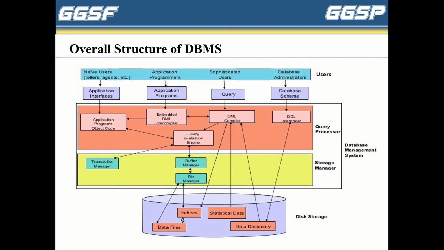And the overall structure of database management system, this question is asked for 6 marks or 4 marks, that is, explain the overall structure of database management system with the help of diagram. Okay, let's see first, that is user. So user can interact with the database management system, and after interacting with database management system, the data are stored in the disk storage.